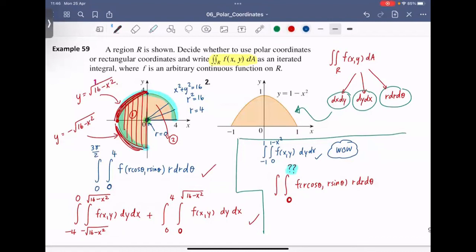So let's do the scratch work. y equals 1 minus x squared. So what is r here? You replace y by r sine theta and x by r cosine theta, then square. And then you have r sine theta equals 1 minus r squared cosine squared theta. What is next?